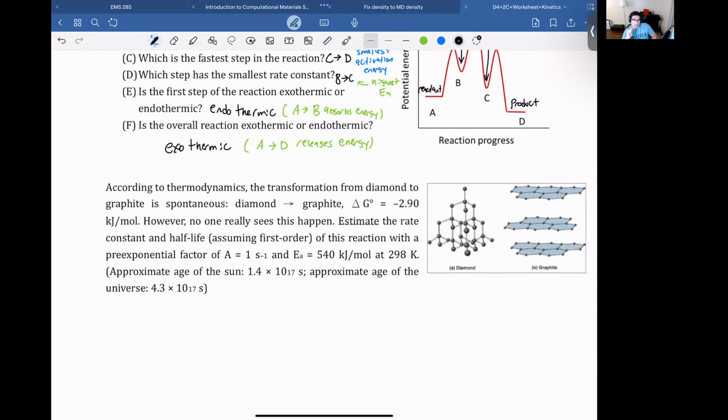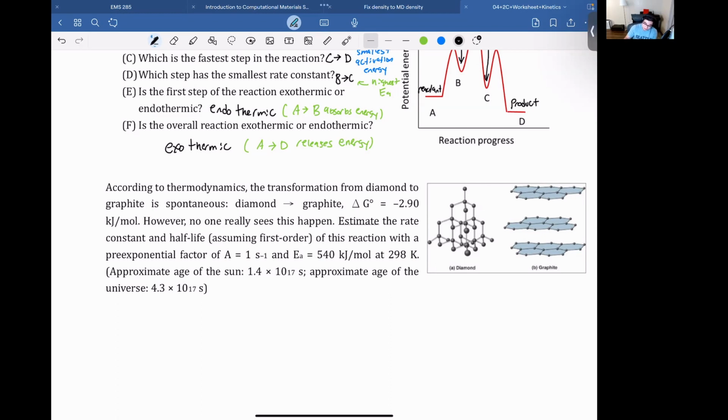Estimate the rate constant and half-life, assuming it's first order, of this reaction with a pre-exponential factor of A equal to 1, and the activation energy is 540 kilojoules per mole at 298 Kelvin. Approximate age of the sun, approximate age of the universe. So we need neither of those last ones. I'm not sure they're thrown in, probably just fun facts.